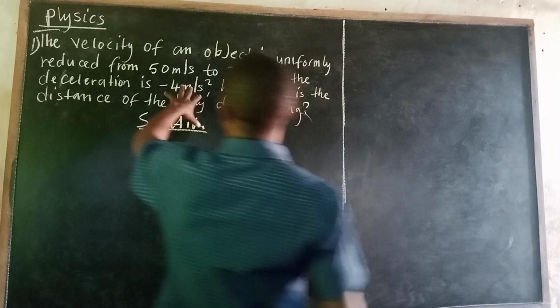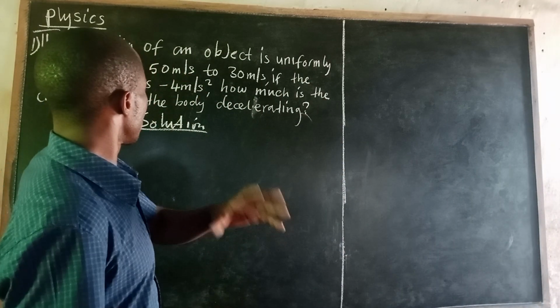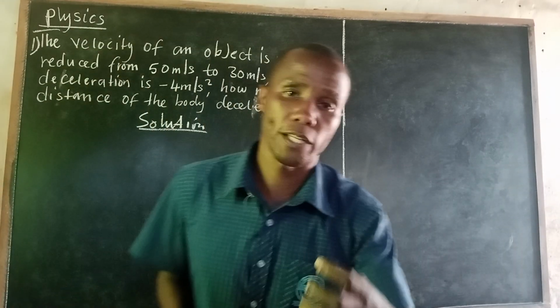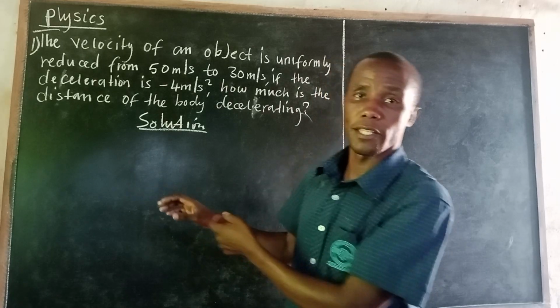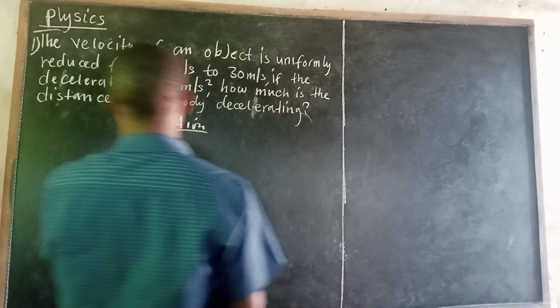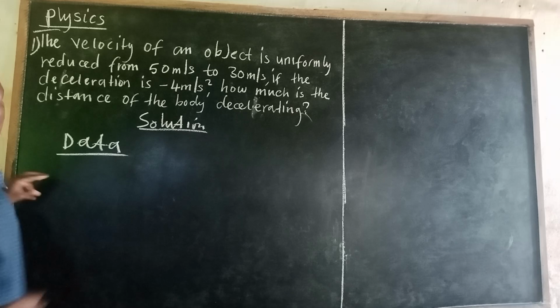First of all, in physics, you need to correct data. Once you introduce the formula, if the data is already corrected, you just get the values and substitute. So let us correct data.